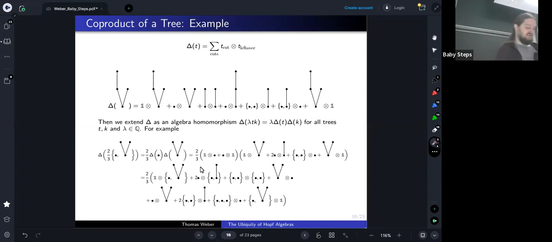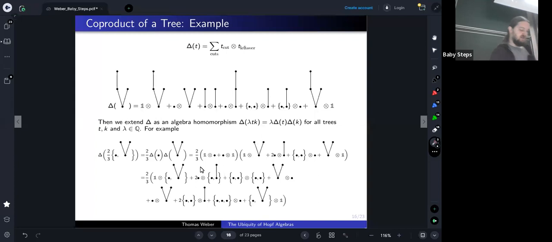Exactly. Okay, and then for the algebra, let's say you have the product of two trees, T and K, multiplied with some rational number. Then you just say the coproduct is given like this, and this is what it has to be, since we know that the coproduct has to be an algebra morphism, so it's very natural to extend it in this way.